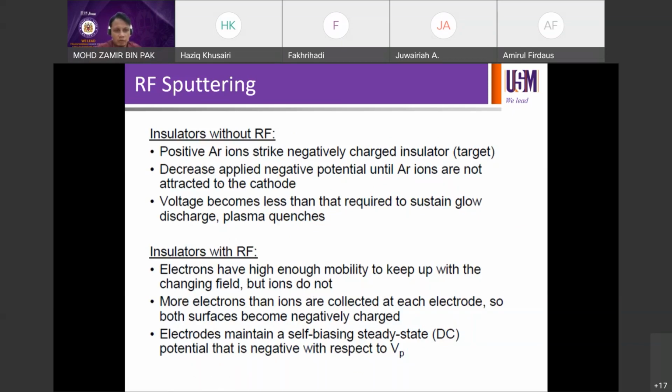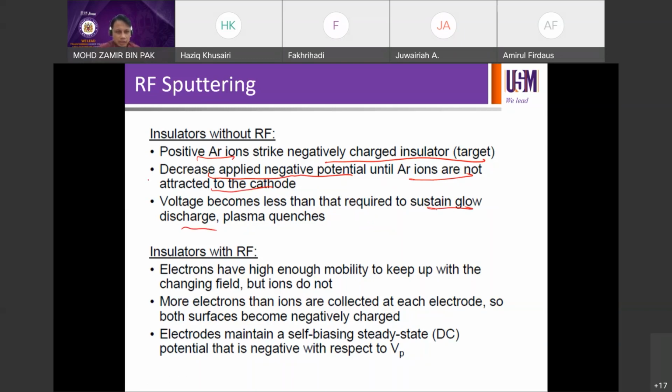Okay, so let's see what happens. Your Ar+ strike the negatively charged insulator target. So that will cause a decrease in the applied negative potential, until Ar+ are not attracted to the cathode anymore. And then the voltage becomes less than that required to sustain the glow discharge.